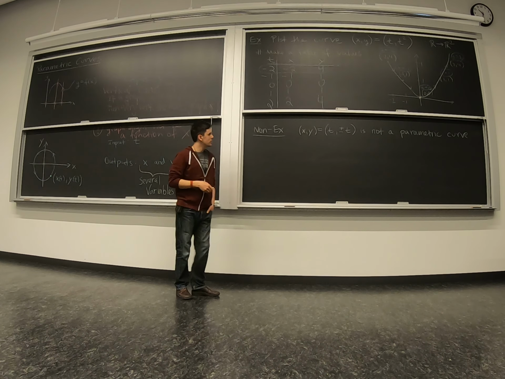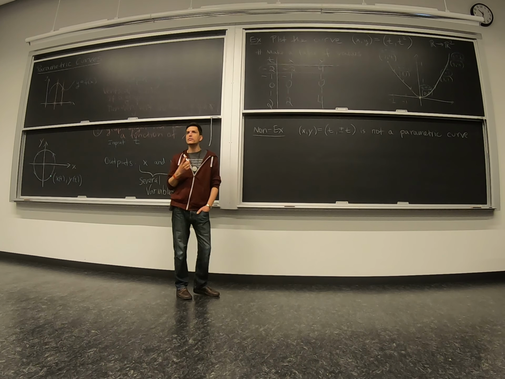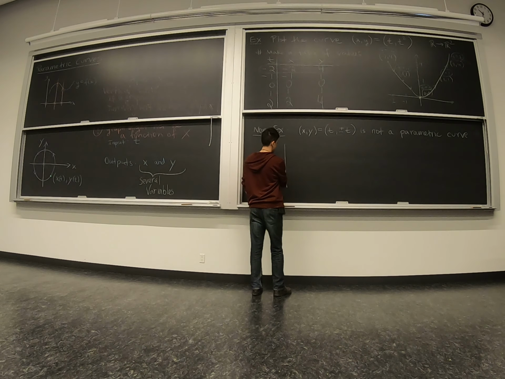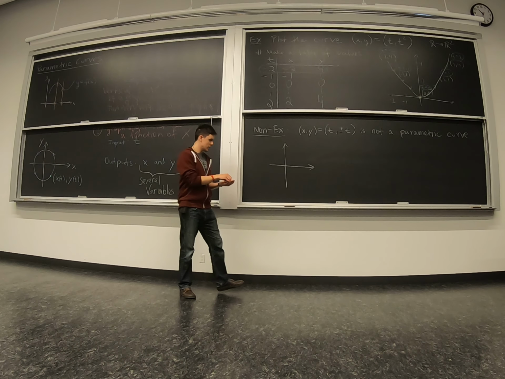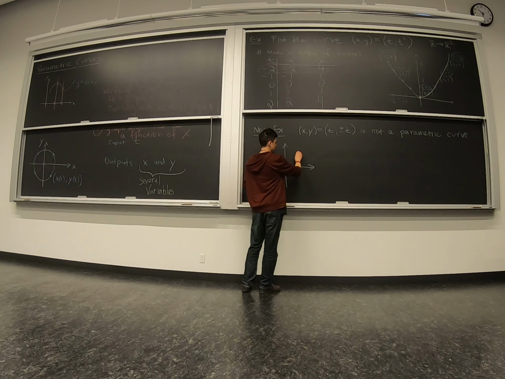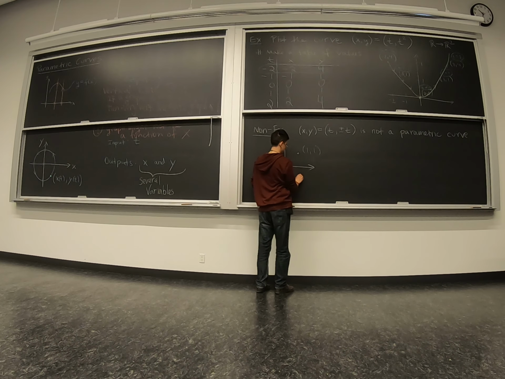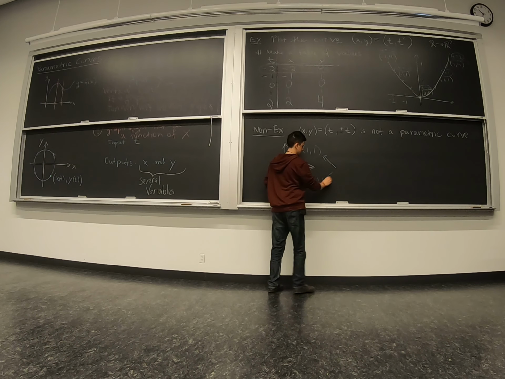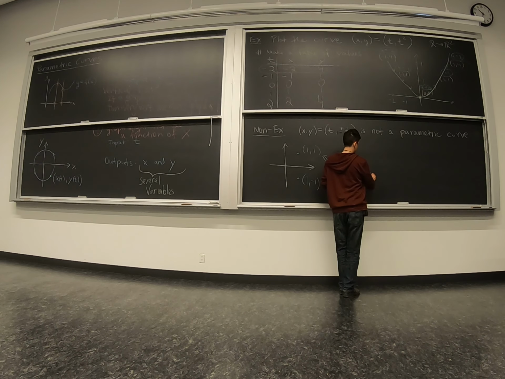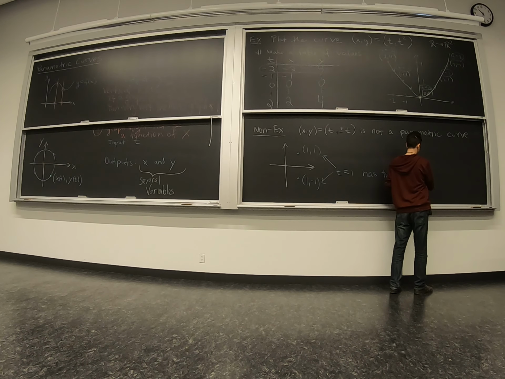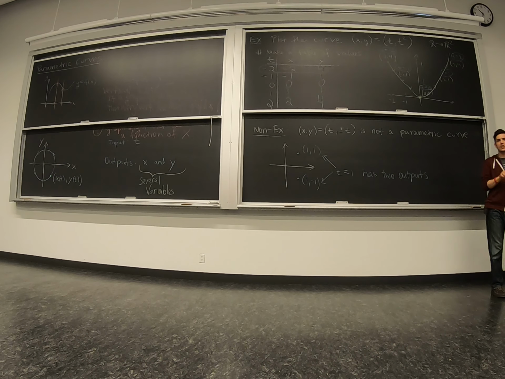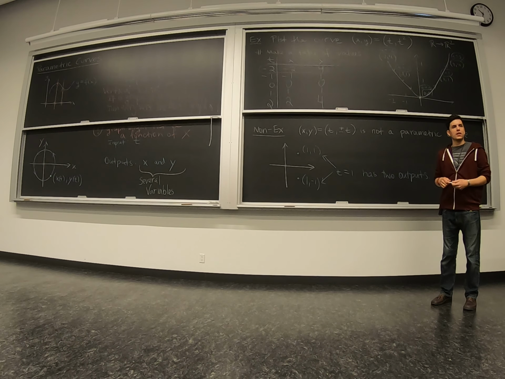So this is not a parametric curve because it is not a function of t. So here, if I input t equals 1, then t equals 1 will give me two outputs that kind of split. So basically, the function isn't one-to-one.